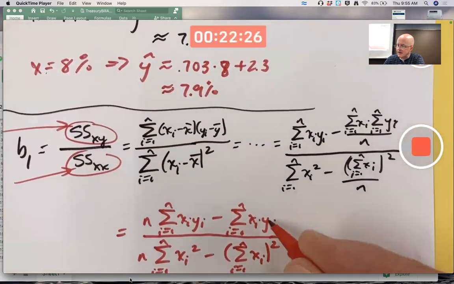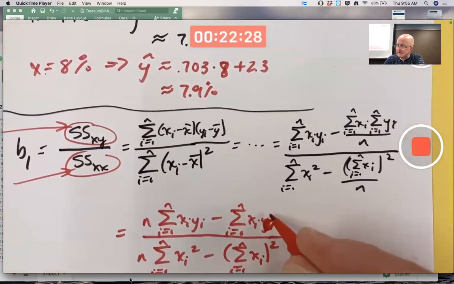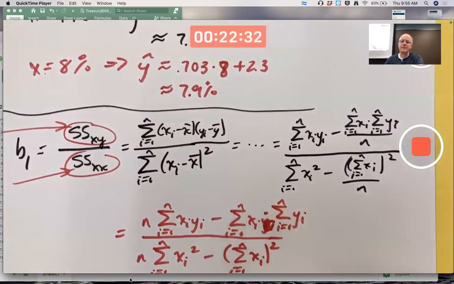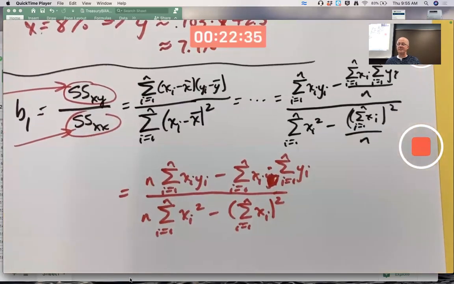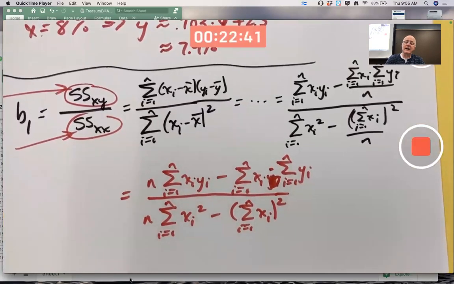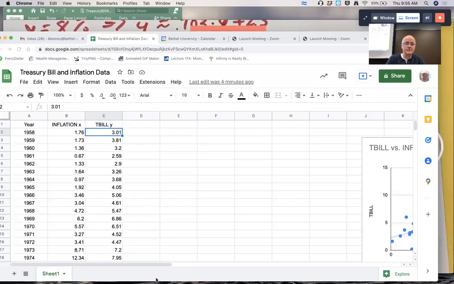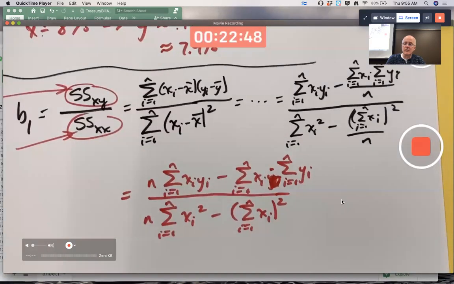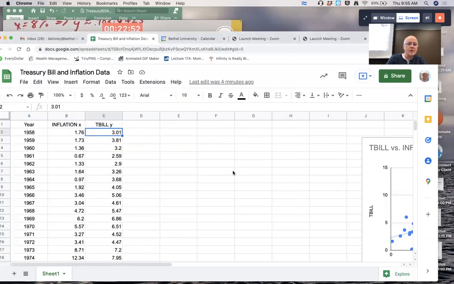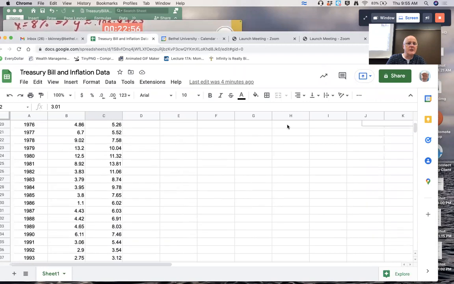Oops, I made a mistake, sorry. All right, let's confirm this gives the right answer. The numbers are starting in B2 and C2 here.